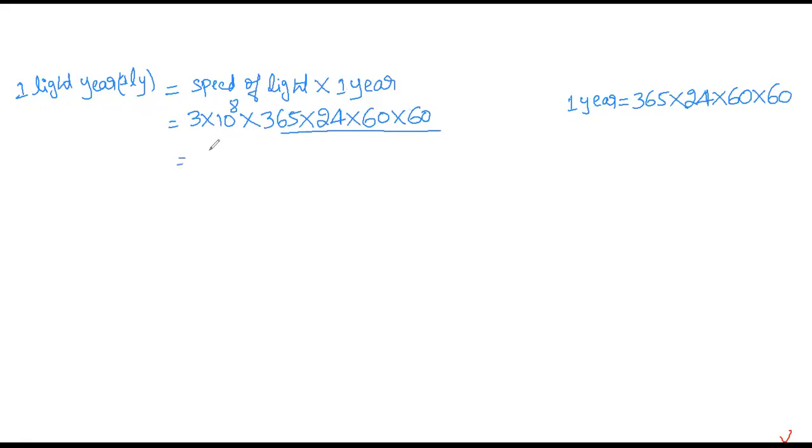On multiplying this, we get the final value, that is 94608. If you use a calculator you will get this much, but into 10 to the power of 8 is there. This is the multiplication of 3 into 365 into 24 into 60 into 60.